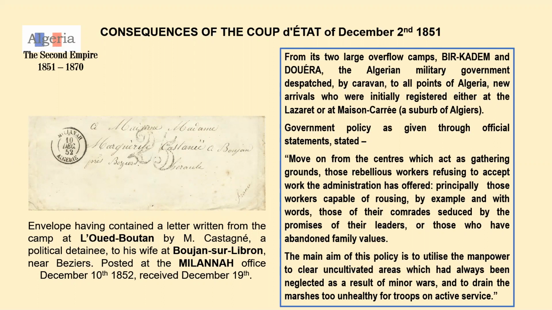And this is a letter from Monsieur Castanier, a political detainee, quite vociferous in his time. He was arrested and interned in Algeria, and this is a letter to his wife back in France.